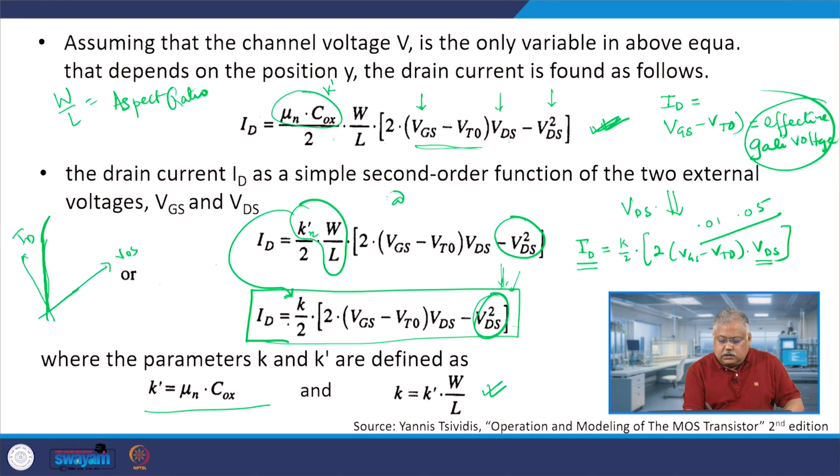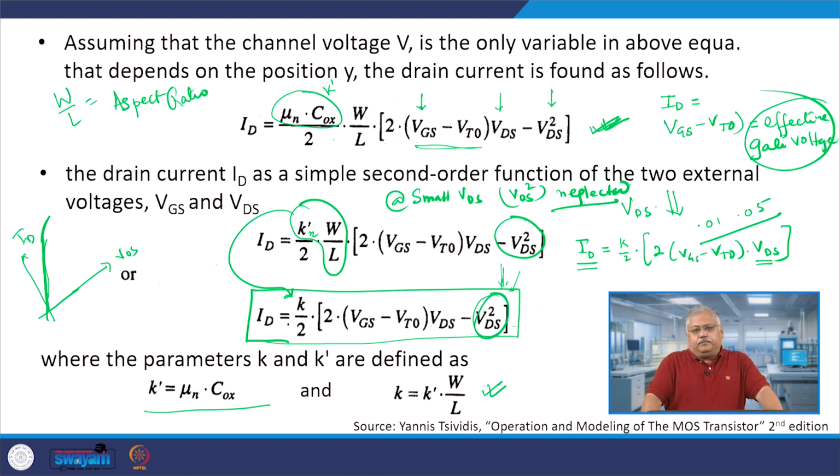At small VDS, VDS square can be neglected, but that is not true when VDS is relatively high. Then this negative square term will be more effective, and as a result ID, which was supposed to go on increasing, will now tend to taper out. If there were no minus VDS square term, you would see this going straight, but now the tapering action takes place.